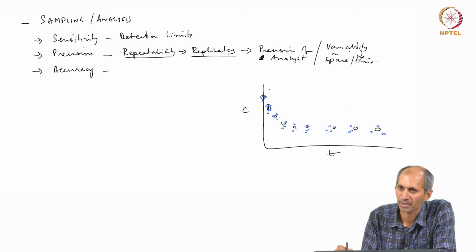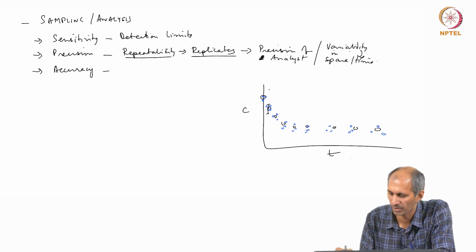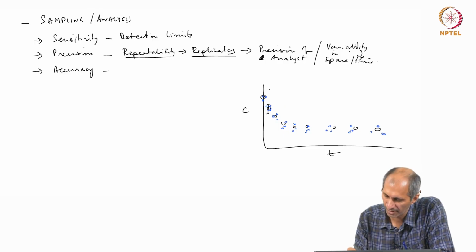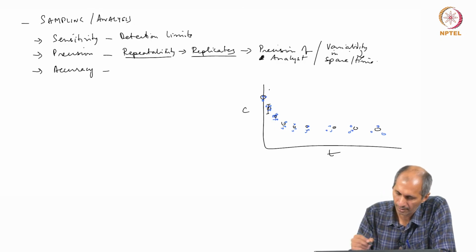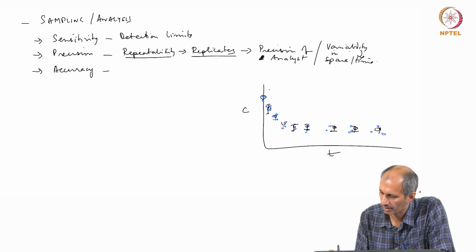This is the actual data I am collecting, which means that all of these three represent this particular time, this represents this particular time, and so on. So, I have to be able to represent it, and I am usually capable of representing this as an error bar. So, I will put some error bar here, and some error bar here, some error bar here, some error bar here.